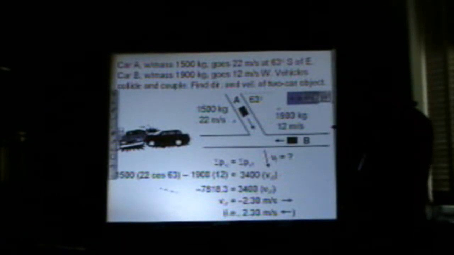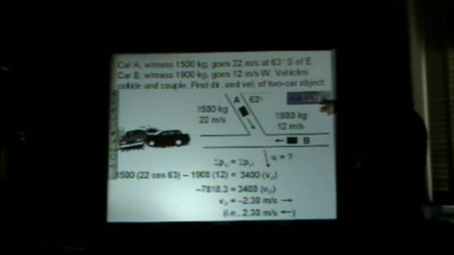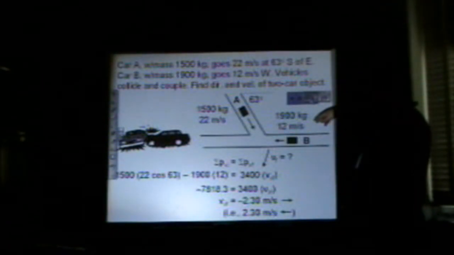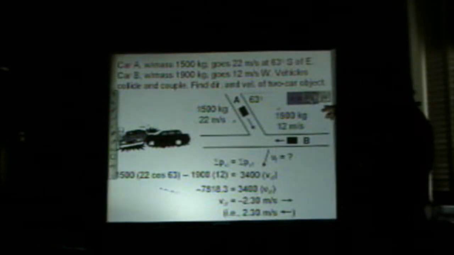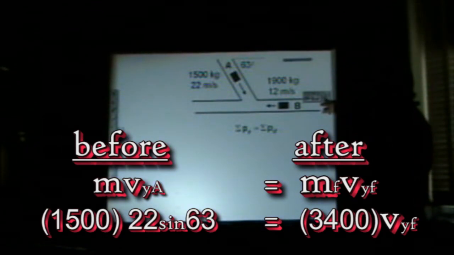2.3 meters per second to the left, or negative 2.3 meters per second to the right. And then we find the next component here. Okay, it's good. So now we're going to find the Y component.